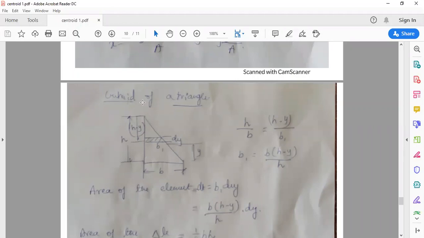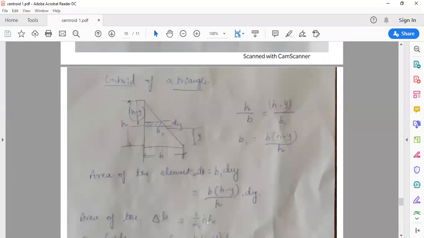Then we take one small elemental strip of thickness dy and base b1. The entire triangle has base b and height h, so the area of the triangle is half into b into h.